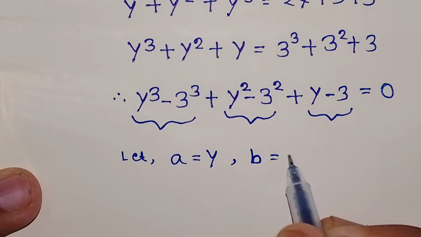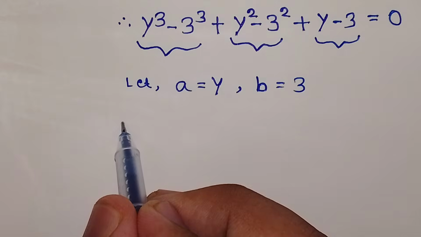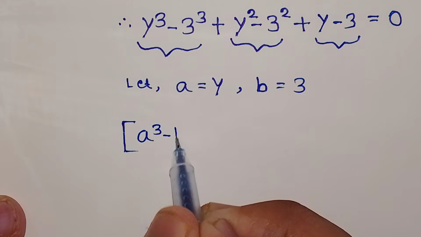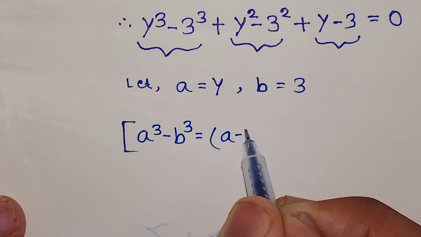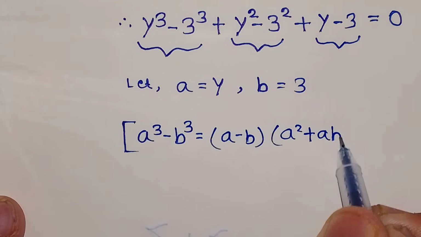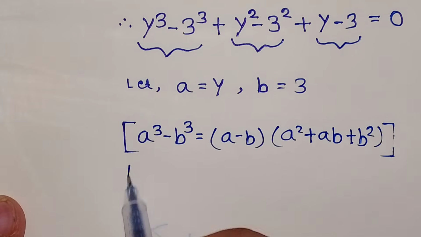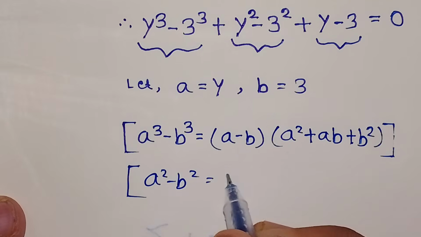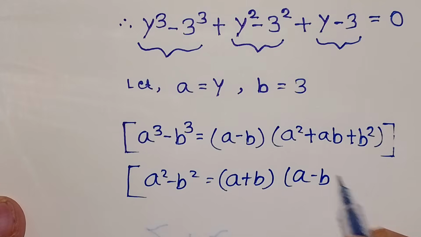So let's take here a as y and b as 3. Now we know the formula, which was a cubed minus b cubed is equal to a minus b bracket a squared plus ab plus b squared, and also a squared minus b squared is equal to a plus b into a minus b.